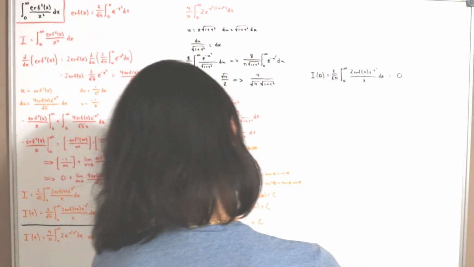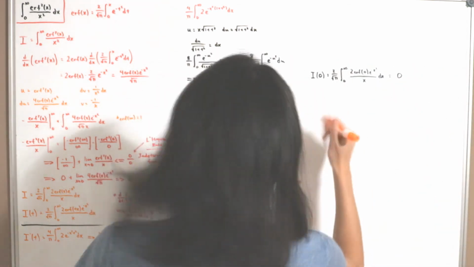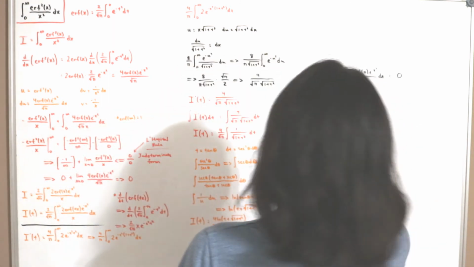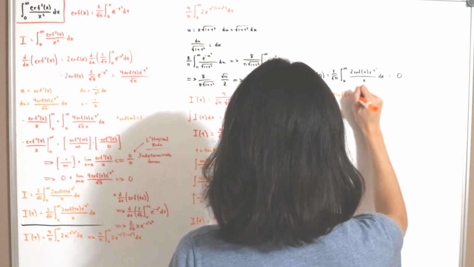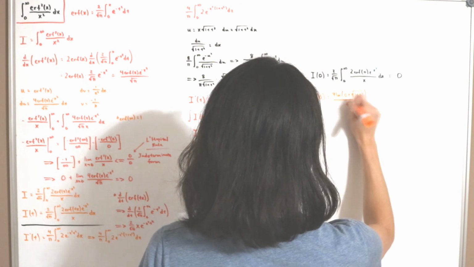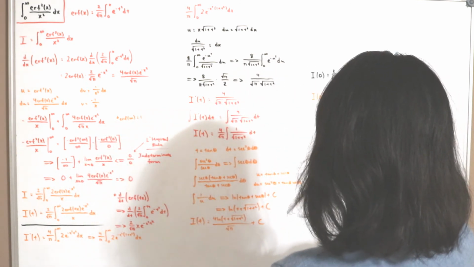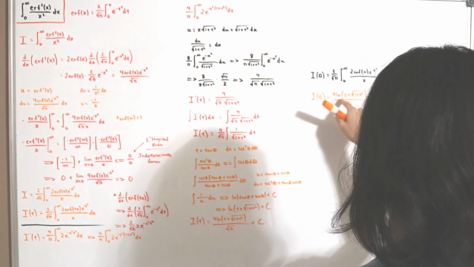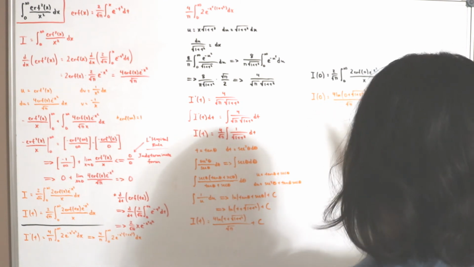So now if I plug 0 back into our formula over here, I of 0 is equal to 4 times the natural log of 0 plus the square root of 1 plus 0 squared, divided by the square root of pi, plus c. If I plug 0 for everything in here, 0 plus 1 plus 0 squared is just 1. ln of 1 is just 0, so the whole thing becomes 0.